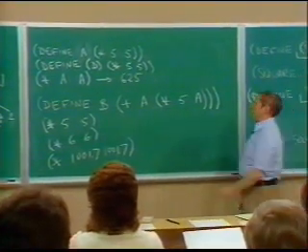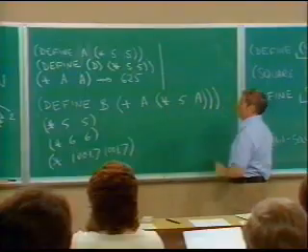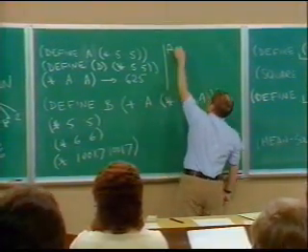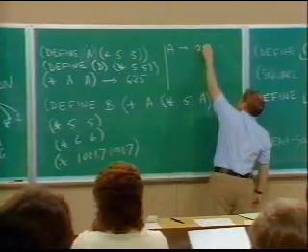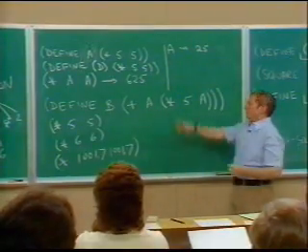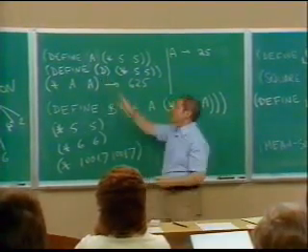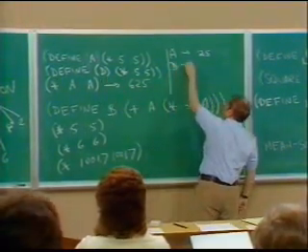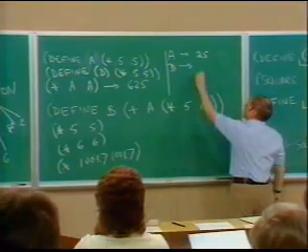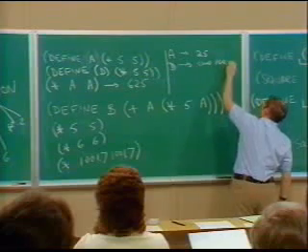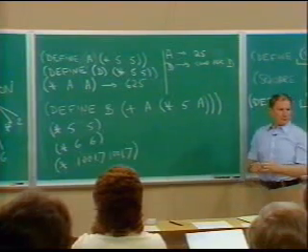And the difference between those, let's think about interactions with the Lisp interpreter. I could type in A, and Lisp would return 25. I could type in D. If I just typed in D, Lisp would return compound procedure D, because that's what it is.